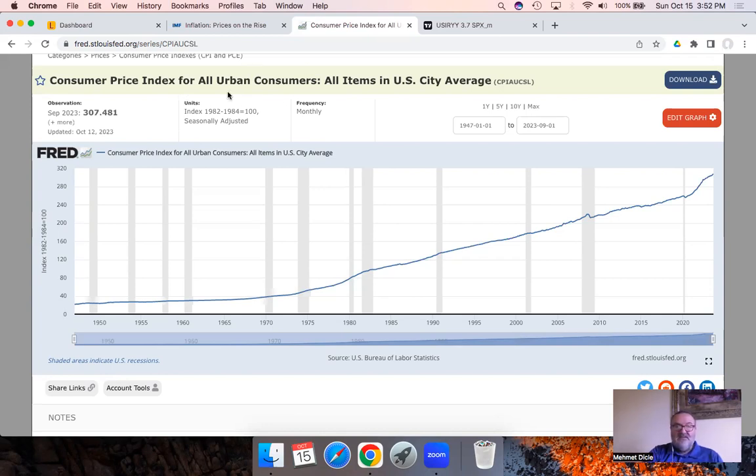There are different baskets. This one is for all urban consumers. So the basket will include items that are specific to urban consumers, and they would just keep pricing this. Say eggs, rent, gas, electricity, other utilities and whatnot. So, I mean, the groceries.